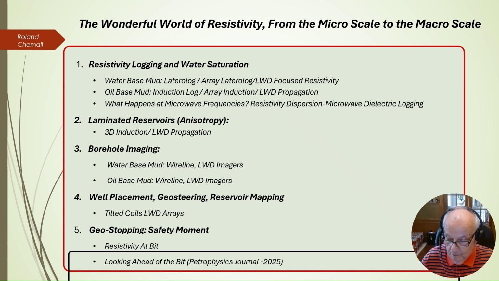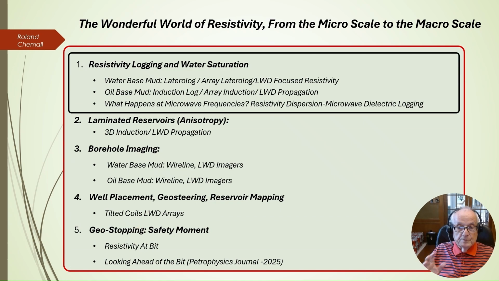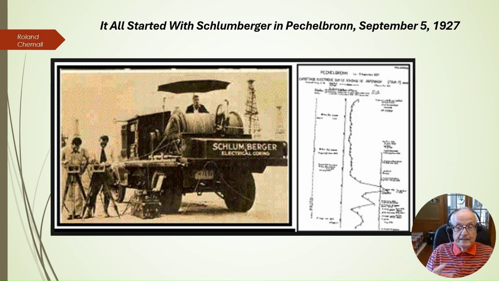So let's start with resistivity logging and water saturation. That is by far the first application and still remains a very important application of resistivity. It all started with Schlumberger in Pechelbrunn on September 5 to be precise, 1927.